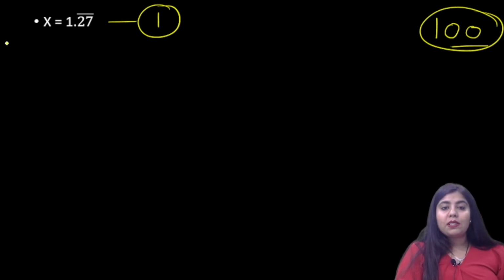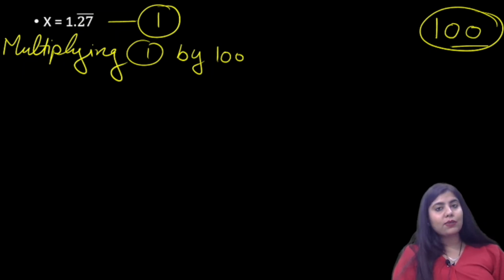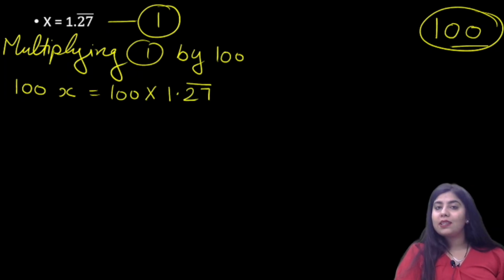So the first step is multiplying 1 by 100. When we multiply 1 by 100, we have to multiply both sides, left hand side as well as right hand side. So on the left hand side we will get 100x equals 100 multiplied by 1.27 bar, right?